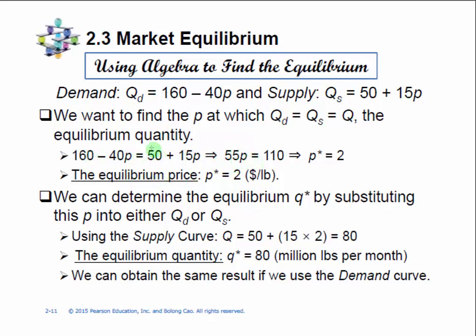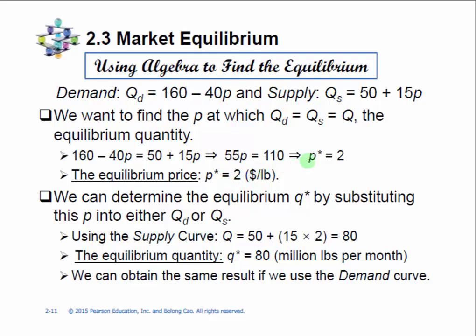We move the 50 to the left-hand side. Basically, we deduct 50 from both sides. So 50 is gone here, and 160 minus 50 gives you 110. Then we get a price equal to 2. That will be our equilibrium price.